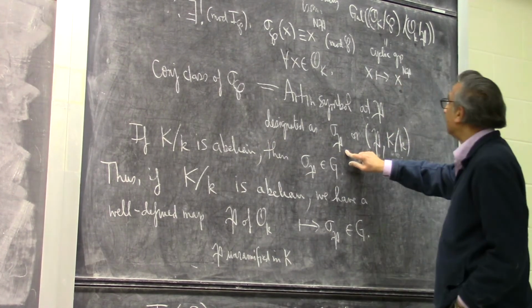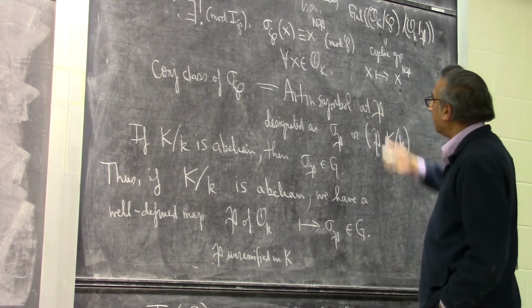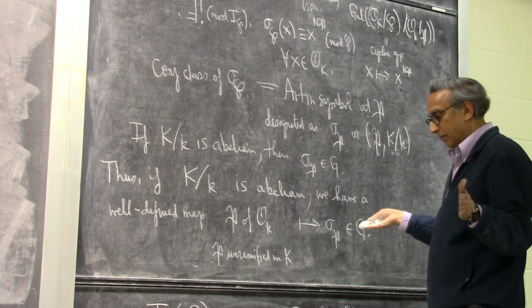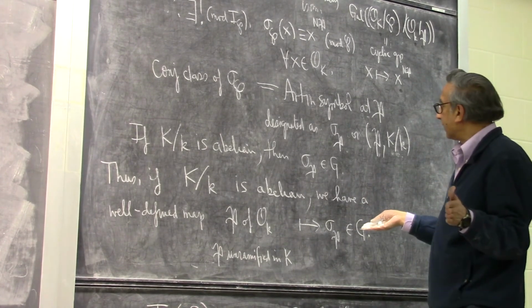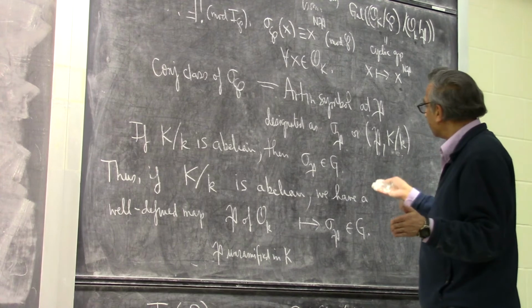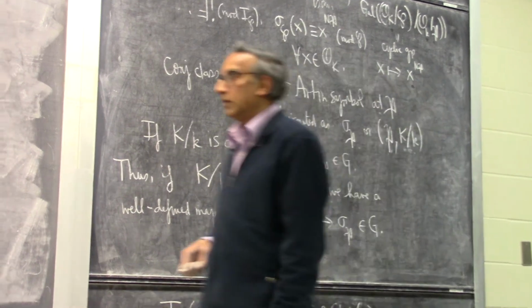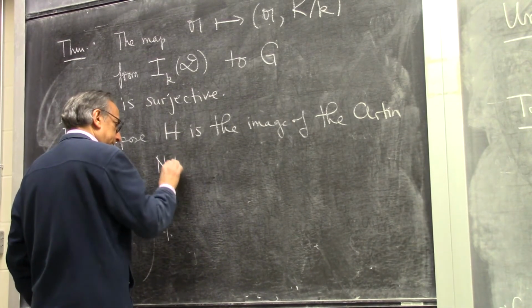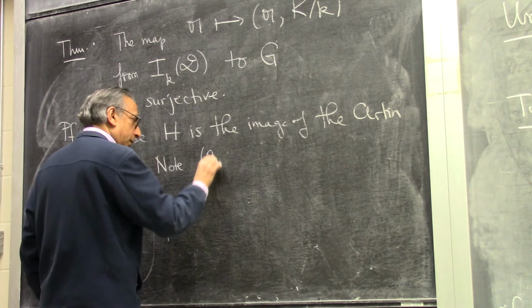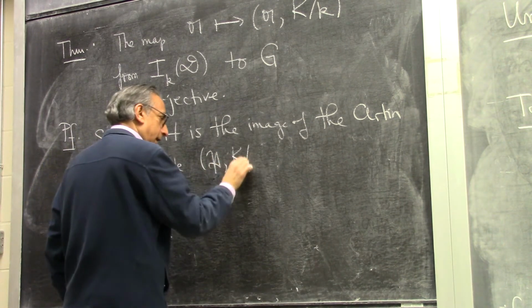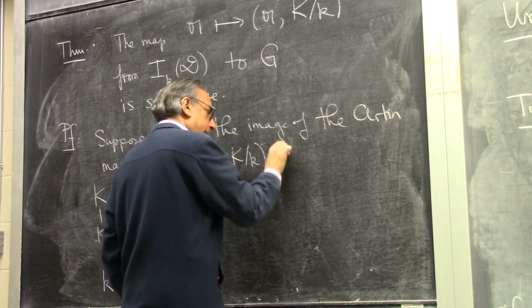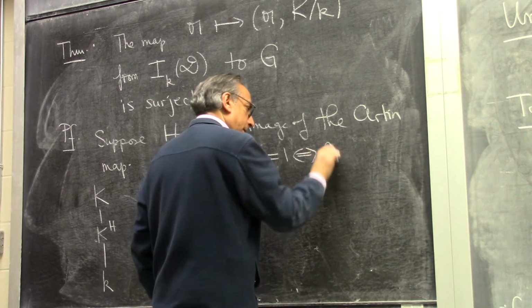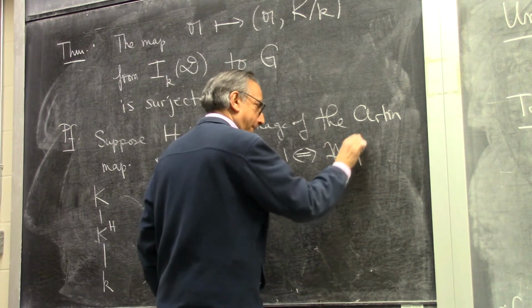So if P splits completely, you have the maximal number of prime ideals above it. So note the Artin symbol is trivial if and only if P splits completely.